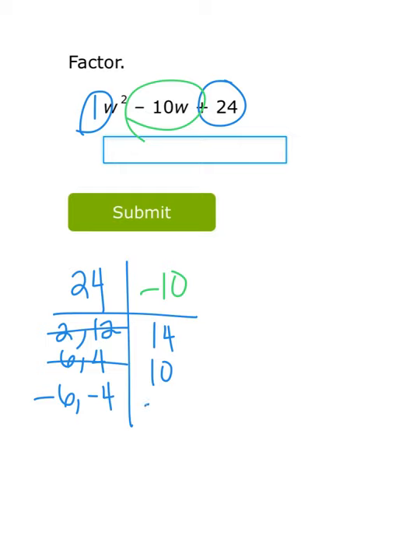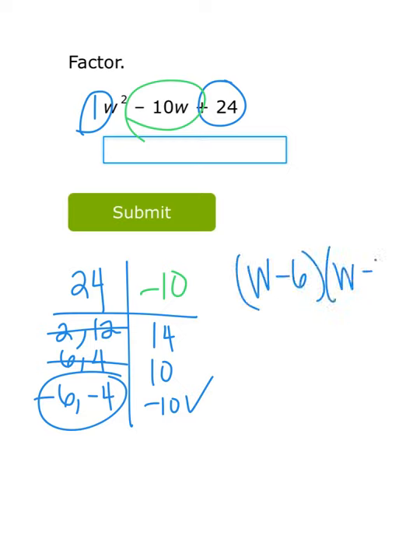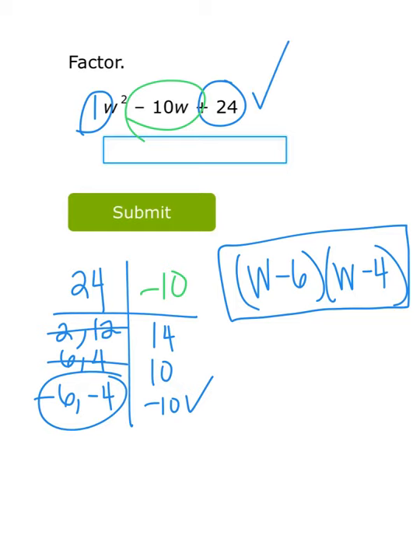And then whenever I add them together, it equals negative 10. So my answer would be w minus 6 times w minus 4. Okay, if you want to check it, multiply it back out and make sure you get exactly what you started with, w squared minus 10w plus 24.